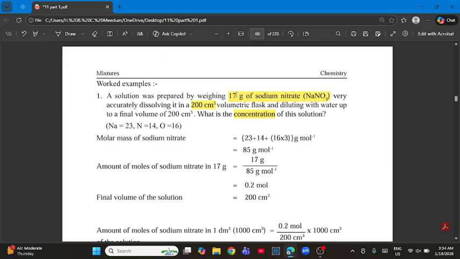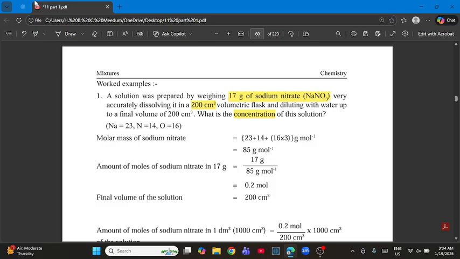So they are using 17 gram, not 85. So if 85 gram is 1 mole, how many moles are there in 17 grams? So you have to divide 17 by 85 to find out how many moles are there.